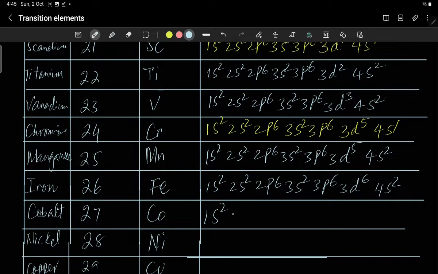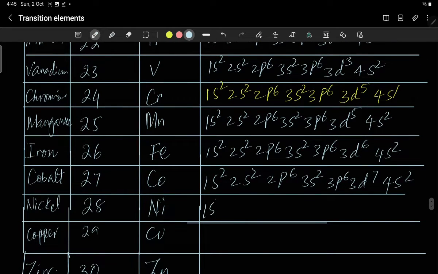Similarly cobalt is 1s2, 2s2, 2p6, 3s2, 3p6, 3d7 and 4s2. Nickel is 1s2, 2s2, 2p6, 3s2, 3p6, 3d8, 4s2.